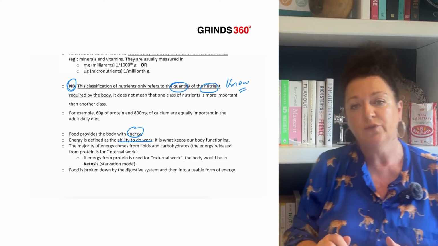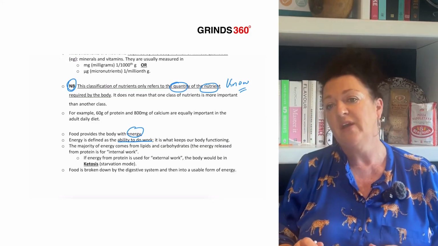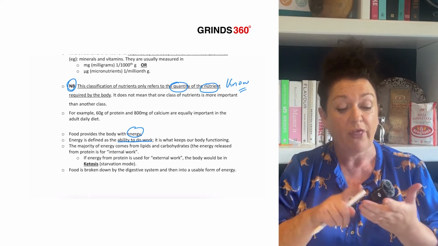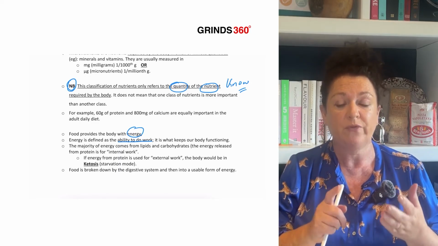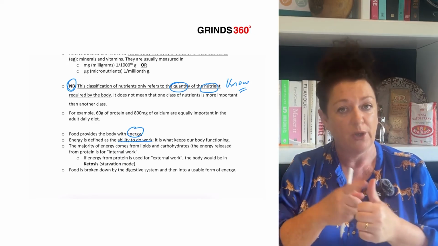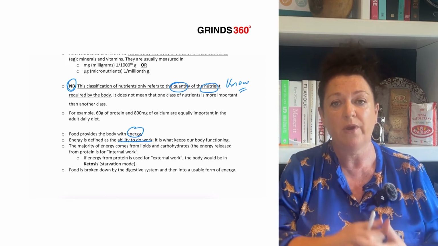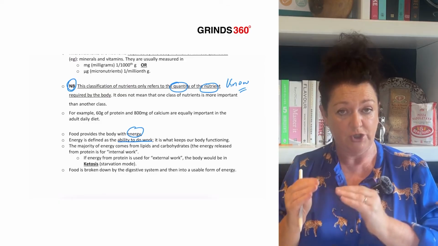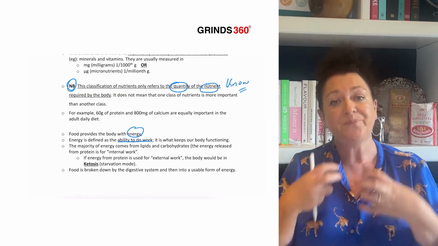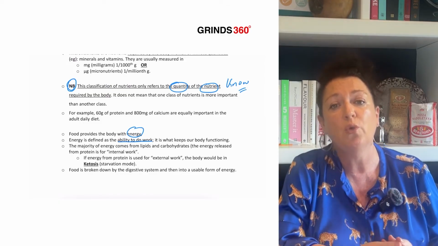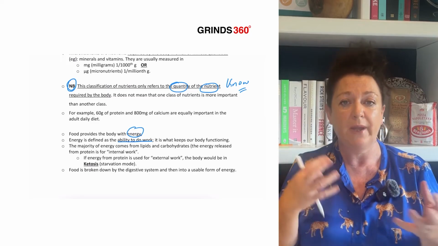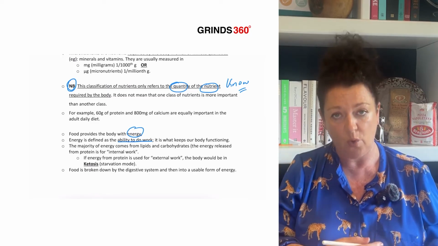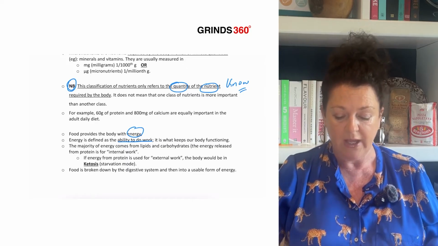We just want to summarise here today, and that is, of the 6 nutrients that food is made up of, 3 of the 6 will provide the body with the source of energy: protein, lipids, and carbohydrates. However, the energy from protein should be a secondary source of energy used for internal work only, and the energy from carbohydrate and lipid is for external work mainly.